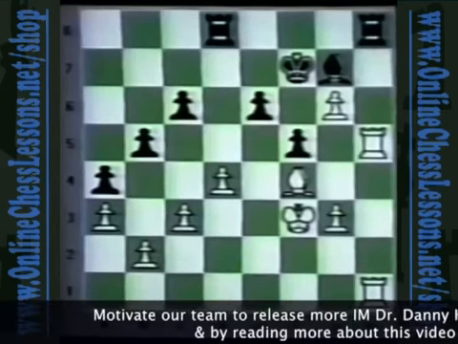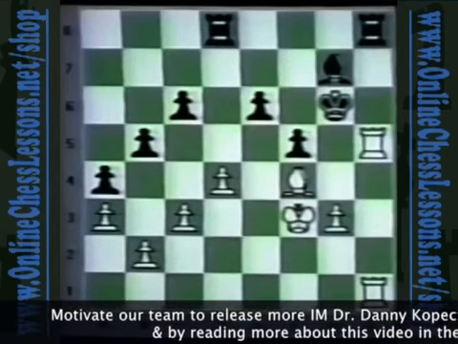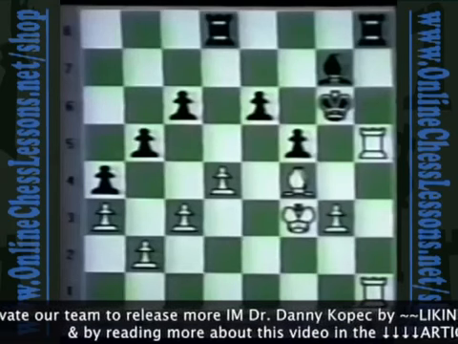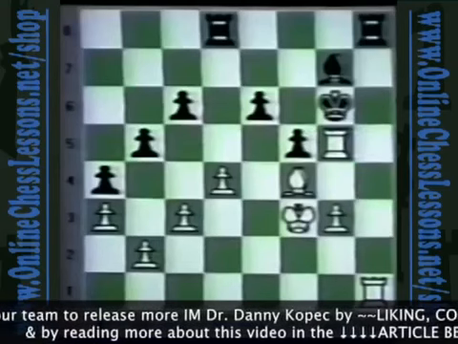So we return to the game continuation, where Black played king takes g6, and White finds 37 rook to g5 check.